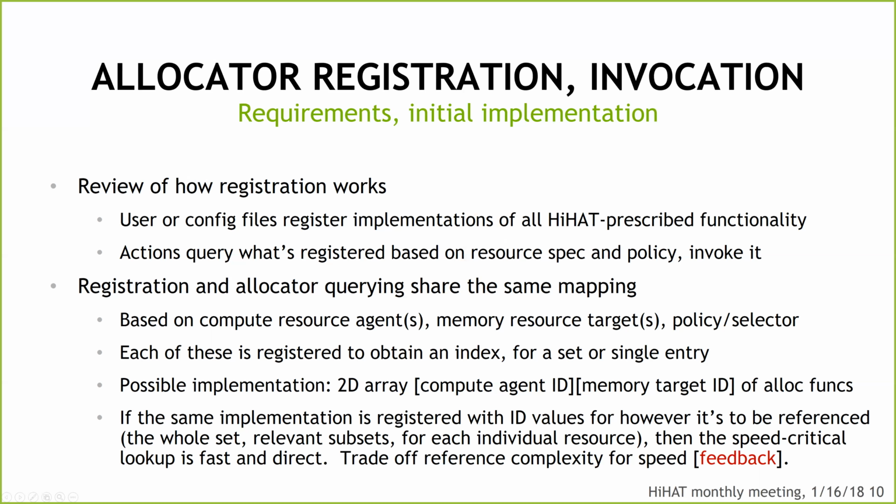So that puts a little bit of a burden in that you need to put together the set and say, this is the set, and come up with an ID for that. And if you want to do weird things, to say, I want this thing to work for the whole set, for relevant subsets, for each individual resource, you can take the same thing and register it multiple ways, so that the speed critical lookup is still fast and direct.